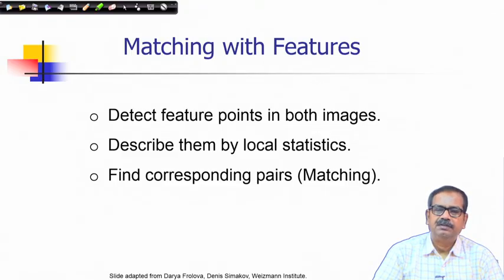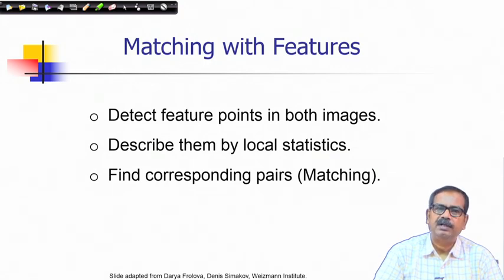You need to at least look at the neighboring statistics, the neighboring distribution of intensity values or some functional distributions in its neighborhood, which you expect would also remain similar in the other image of the same landmark point around that same key point, and then exploiting that similarity you try to match them.